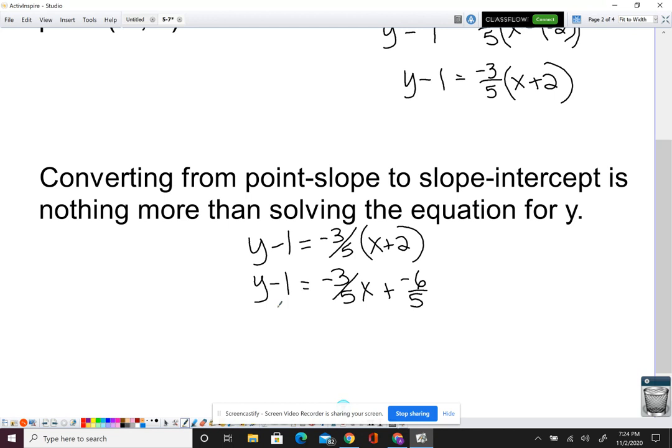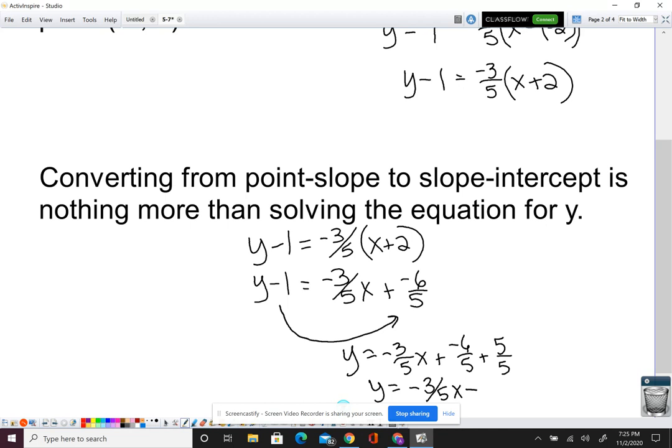Then we're going to take this 1 and move it over this way, and change the sign of it. y equals -3/5 x plus -6/5 plus 1, because it was -1 there. We're going to make it +1 here. But I'm going to write it in terms of fifths so that I can add those together. y equals -3/5 x minus 1/5. And that's our equation in slope-intercept form.